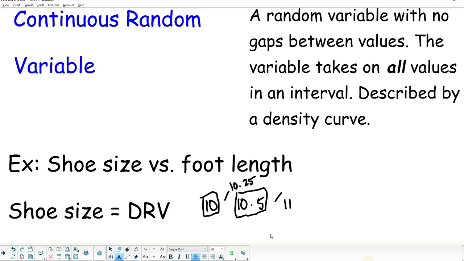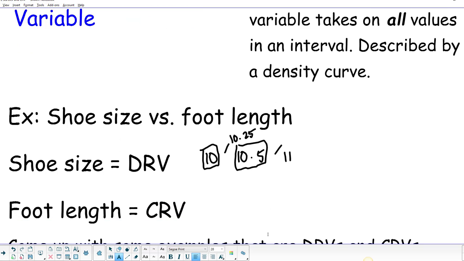Now, a continuous random variable, on the other hand, might be something like foot length. If we were to take off shoes and start measuring things in terms of centimeters, I may find somebody that has a foot that's 20 centimeters, but maybe it's not exactly 20 centimeters, right? It might be 20.1 centimeters. But maybe I can be even more precise than that.